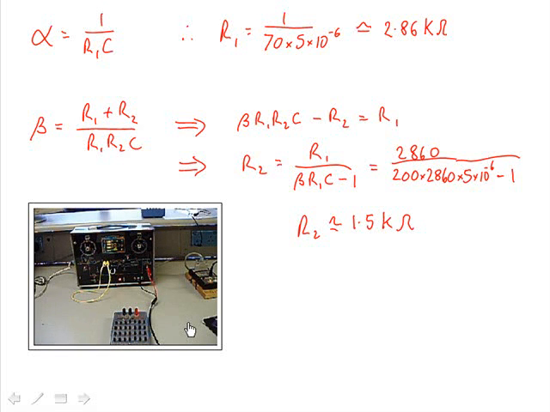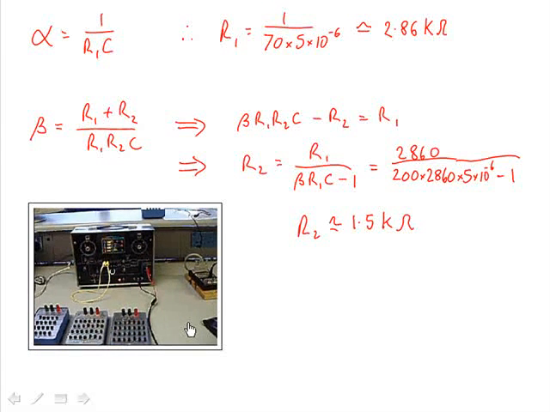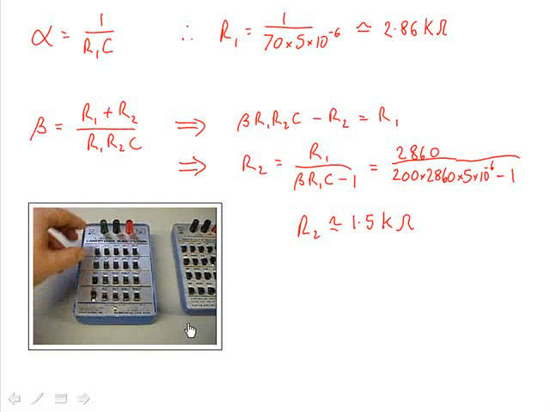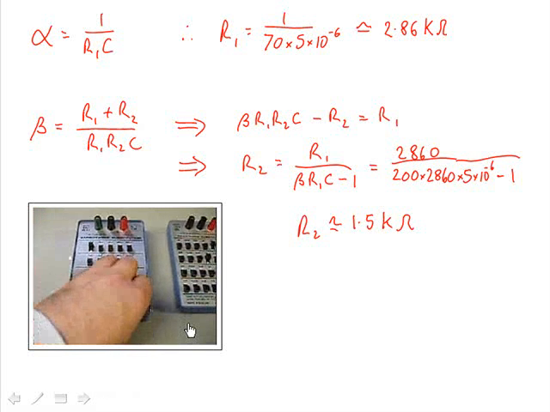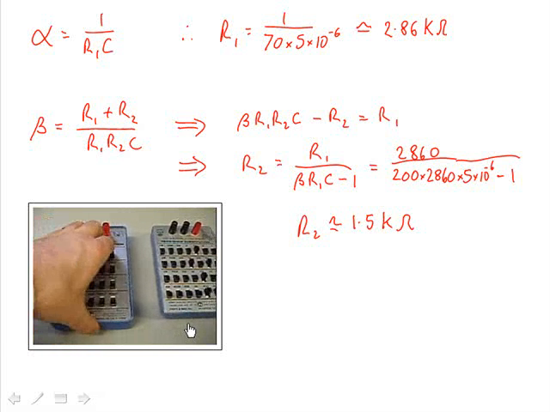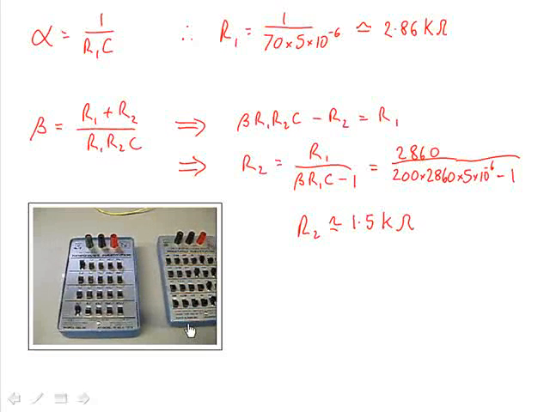So take our three components, two resistor boxes and a capacitor. Start by setting the capacitor to our 5 microfarads by adding the switches together. It's also worth making sure that all the other switches are definitely off.